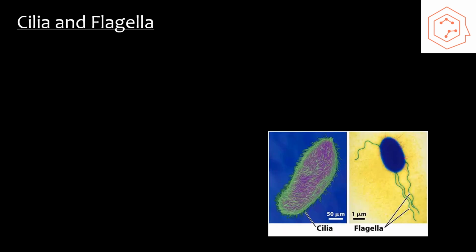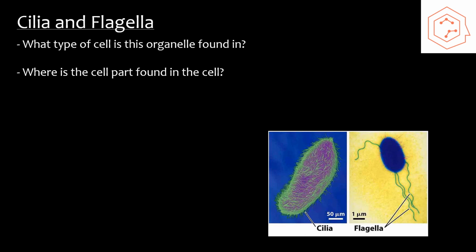Cilia and flagella are found in prokaryotes mostly, but they're also found in some eukaryotic cells like sperm. The cell part has microtubules that control the beating of the cilia and flagella. They're locomotor appendages, that's the term to describe them.